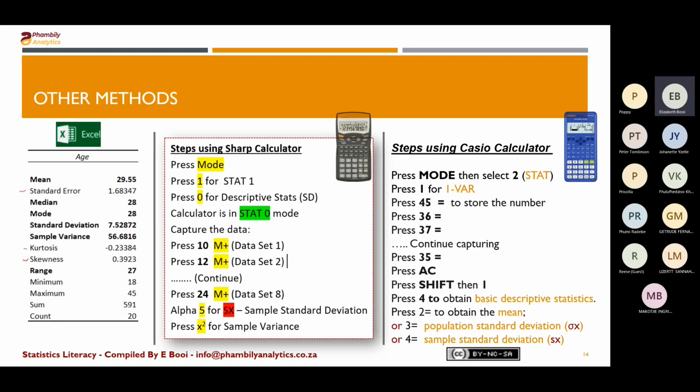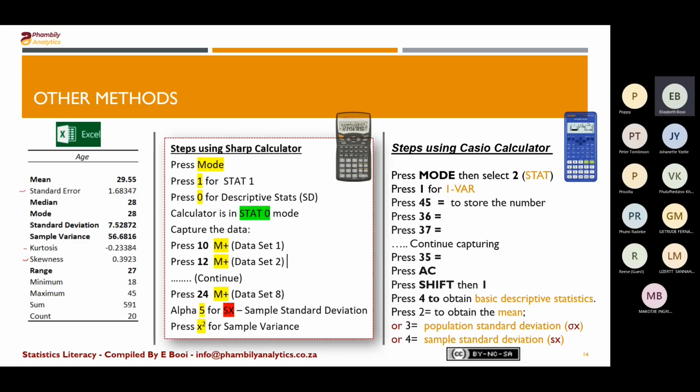You can also use a Sharp calculator to calculate your descriptive statistics. You need to know the steps. They are easy, but you need to practice and practice and practice in order for you to know how to use your calculator and feel comfortable to use it when you go to write your exam.